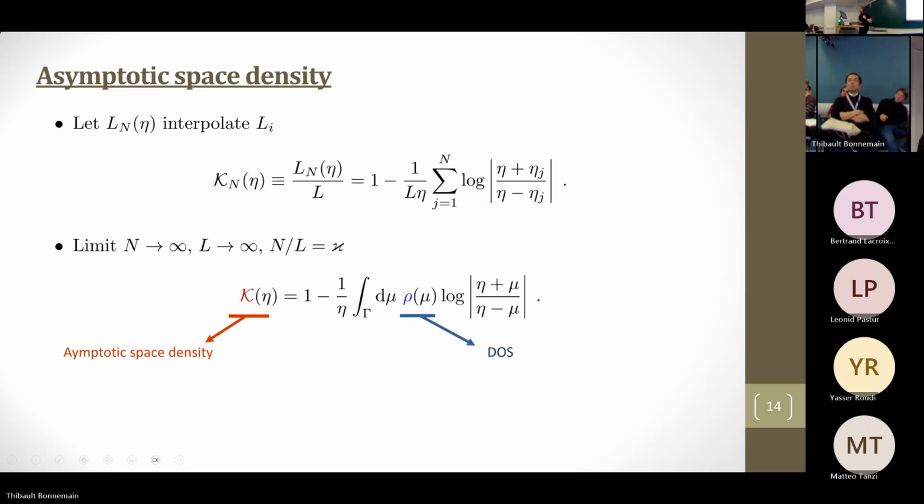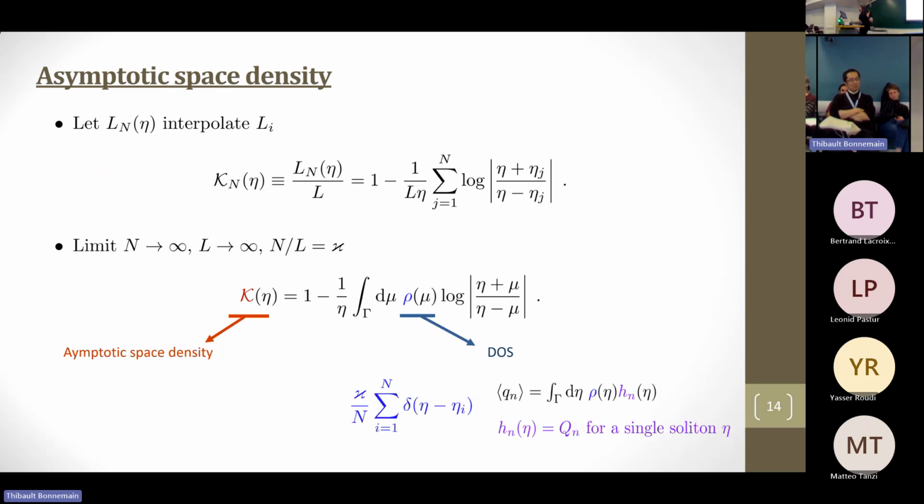And then I take the thermodynamic limit, so I take both n and L to infinity, while keeping the ratio, the spatial density of solitons kappa, constant. This equation becomes this one, where I introduced here the spectral density of states, and K, which is called the asymptotic space density.